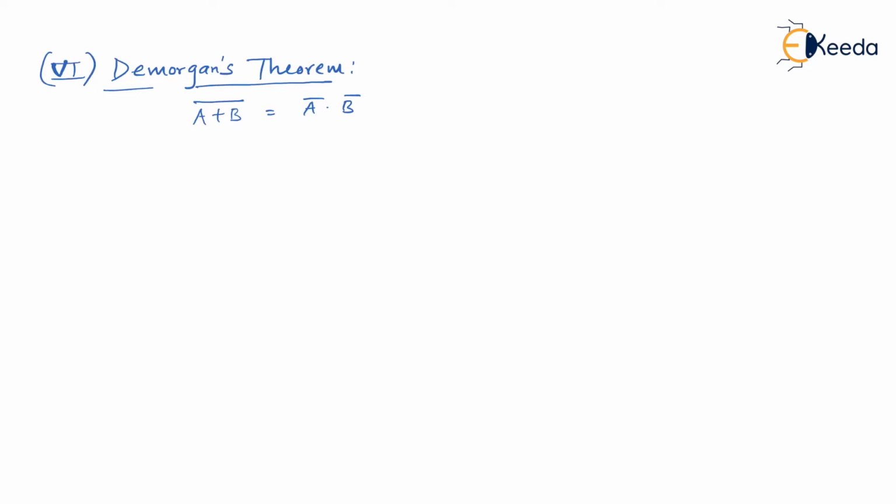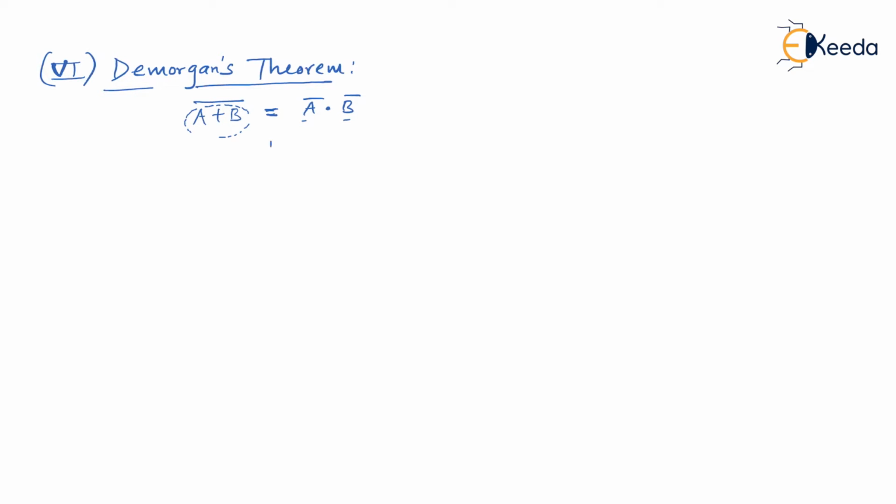I repeat, the sum of two variables and then complementing is equivalent to the product of two individually complemented variables. That is nothing but (A plus B) whole bar is equal to A bar dot B bar.